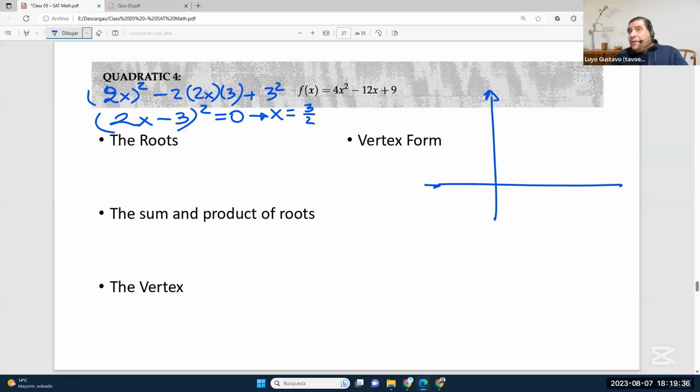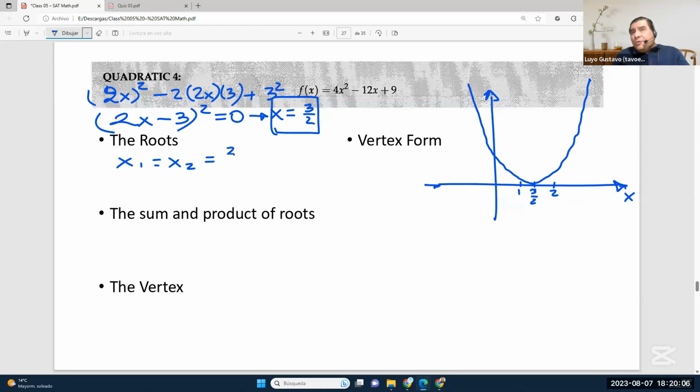So at this point, 3 over 2, if this is 1 and 2, this is 3 over 2. It's something like this. A parabola which is tangent to the x-axis exactly in this point, 3 over 2. So what are the roots? It's simply just that the two roots are the same, 3 over 2.